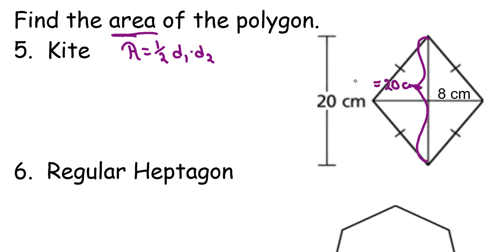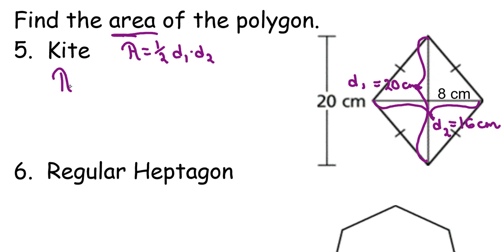We can call that diagonal 1. I don't know why diameter is in my head right now, but diagonal. Okay, the 8 looks like it's half the other diagonal. Let's put 2 8s together and actually get this diagonal 2 to be 16 centimeters. Okay, so here we go with our 2 diagonals.